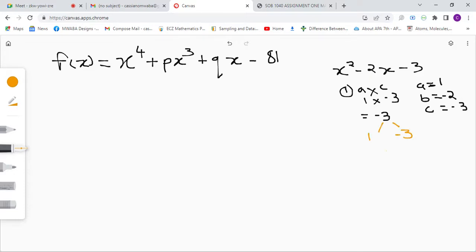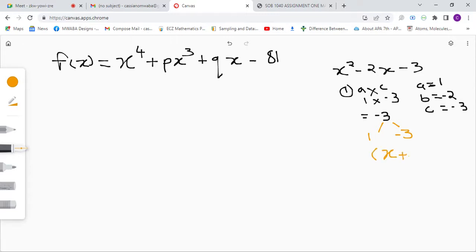So the two factors of 3 are 1 and 3. If we make 3 negative, 1 times negative 3, we get negative 3, and 1 plus negative 3, we get negative 2. So these two factors suit the conditions.